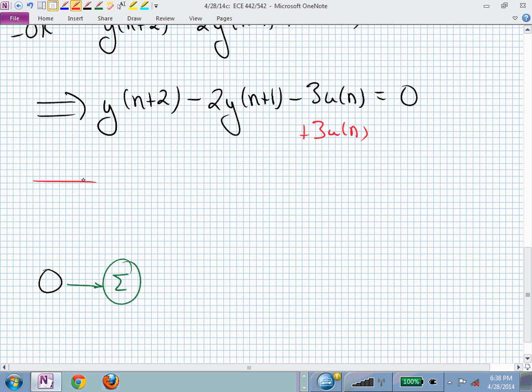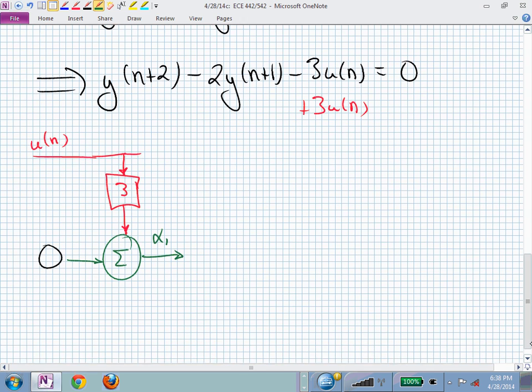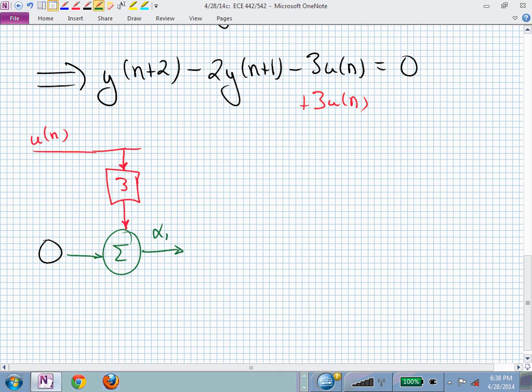So let me go ahead. Here's u of n. Let me scale that by 3 and add that in to that summing junction. Now what spits out of the output of that summing junction? It's just that black and red summed up, isn't it? And my y's are now gone.